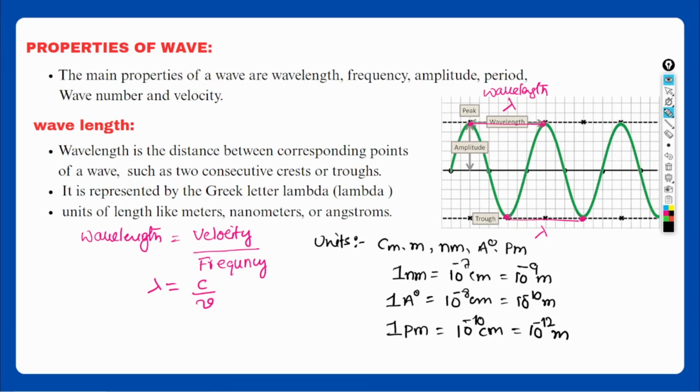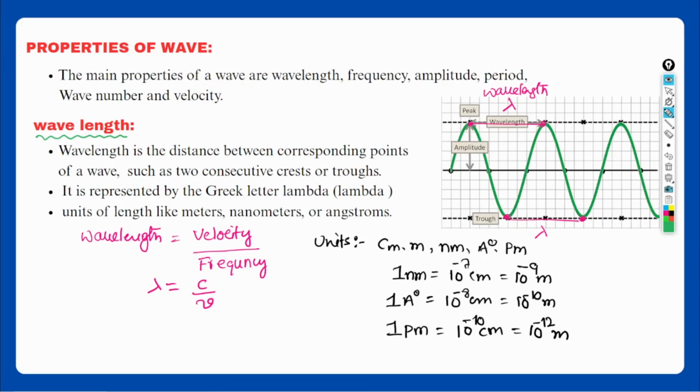So these are the units of wavelength. Wavelength is nothing but the distance between two successive, that means side by side, crests or troughs. Wavelength is equal to velocity by frequency. I hope you all understand, right?